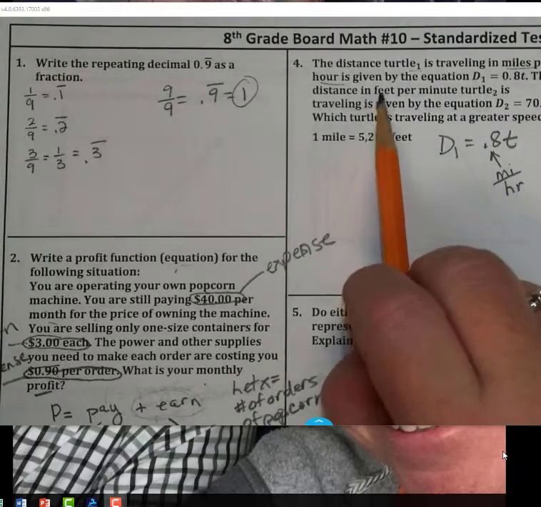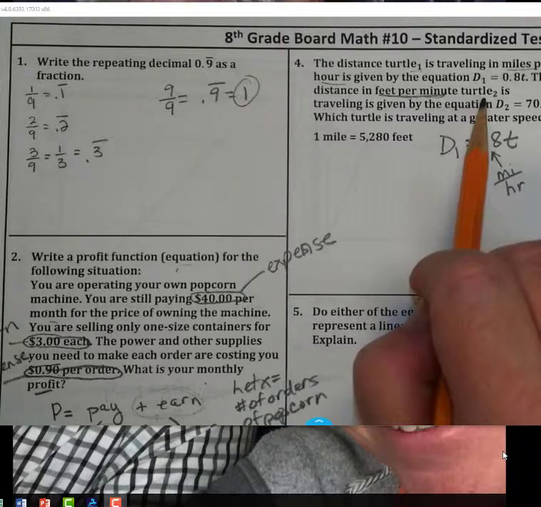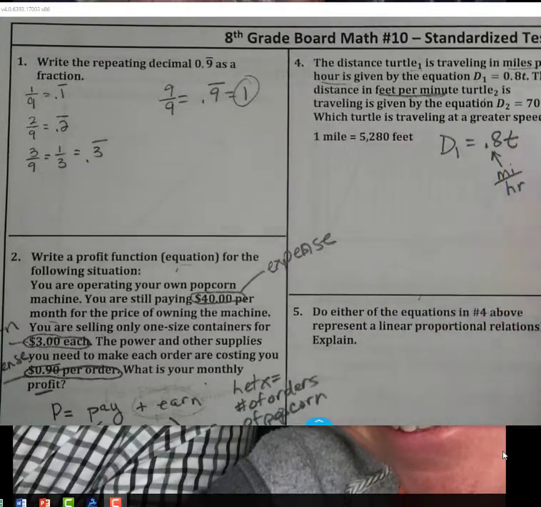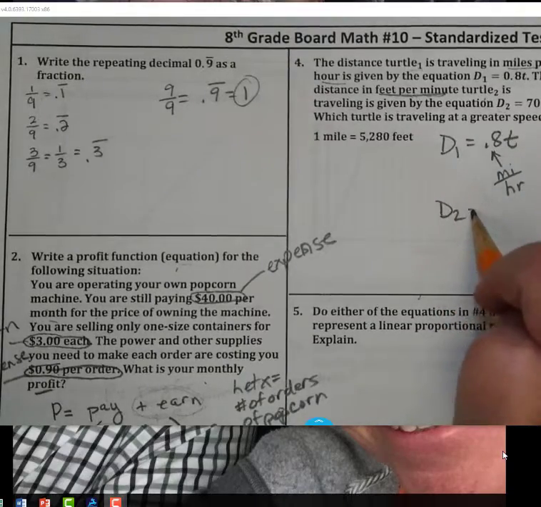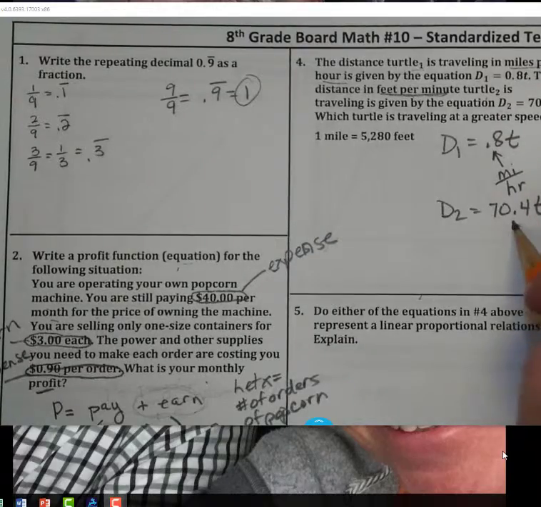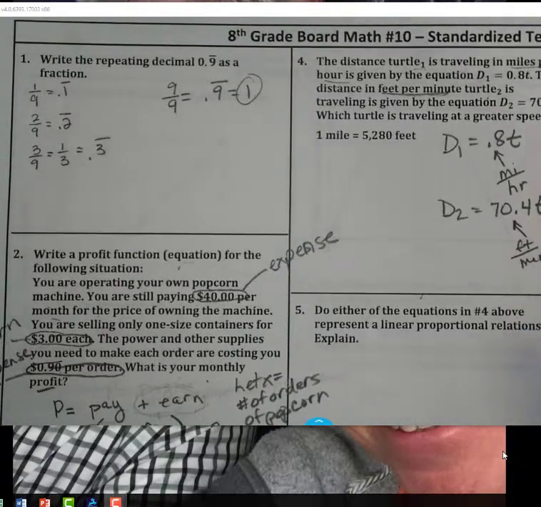The distance in feet per minute by turtle number 2 is given by the equation d2 equals 70.4 times t. But the units here are feet per minute. It says which turtle is traveling at a greater speed.